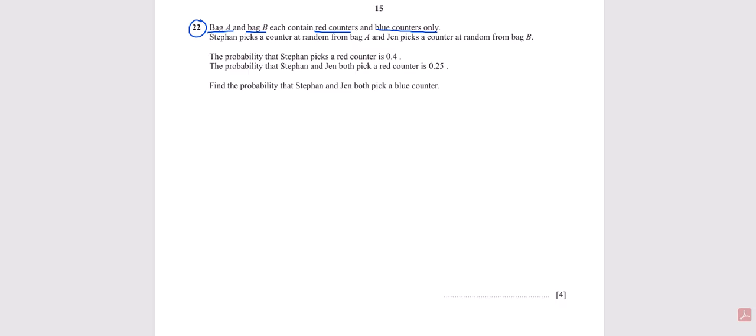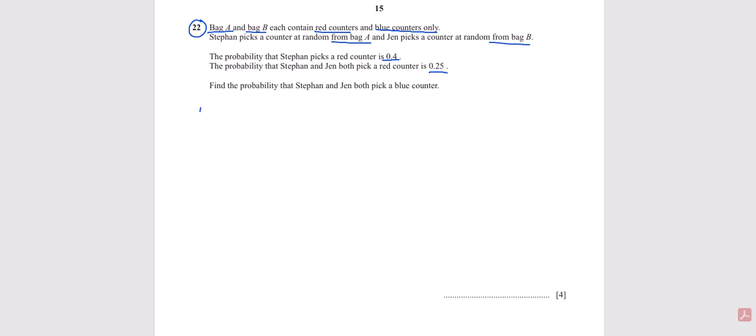Stephen picks a counter at random from bag A and Jen picks a counter at random from bag B. The probability that Stephen picks a red counter is 0.4 and the probability that Stephen and Jen both pick a red counter is 0.25. Find the probability that Stephen and Jen both pick a blue counter.